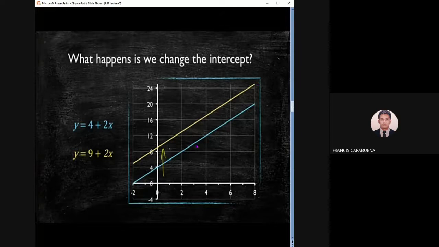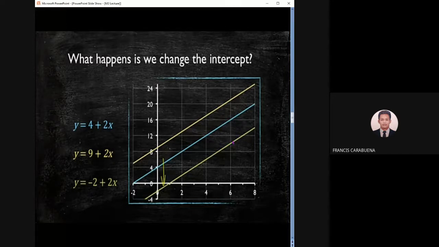We could also have a negative intercept, which would imply that the line is intersecting the vertical axis below the horizontal axis at a negative number. If x were 0 here, y is minus 2.